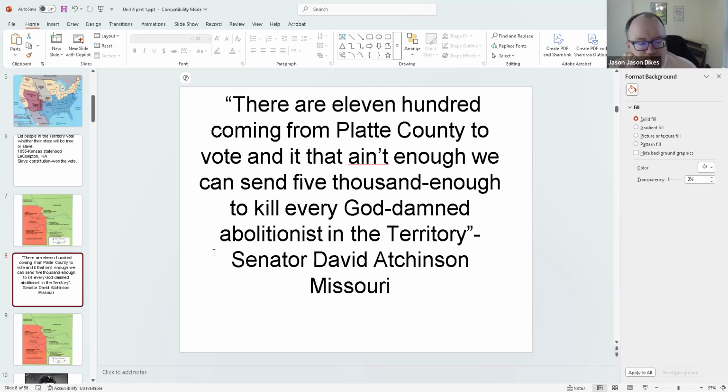About 5,000 people from Missouri, which was a slave state, crossed into Kansas and illegally voted, and were encouraged to do so, as you can see here, by their U.S. Senator David Atchison.